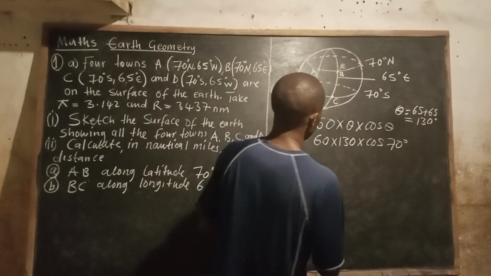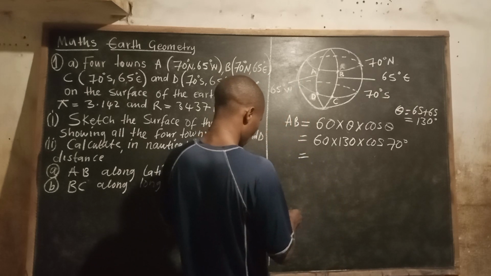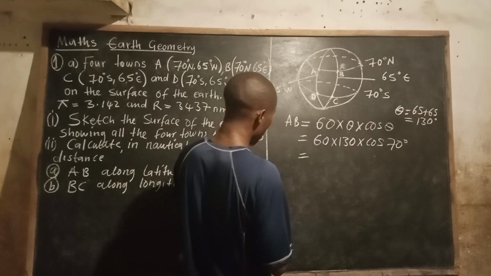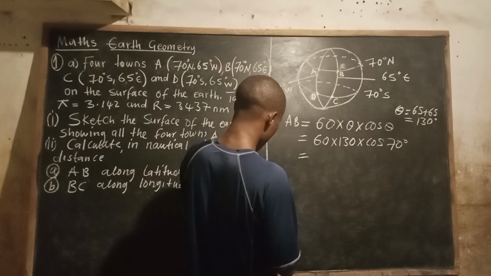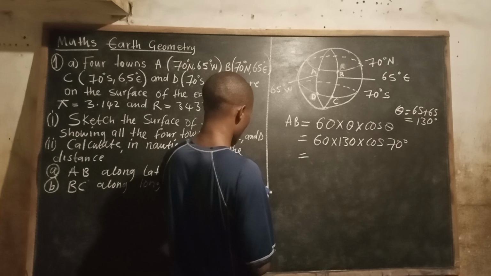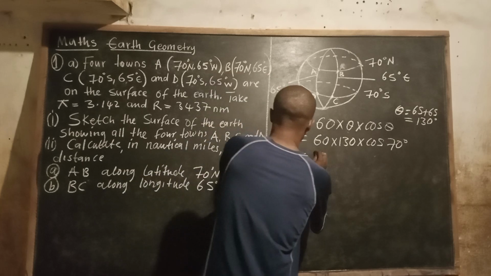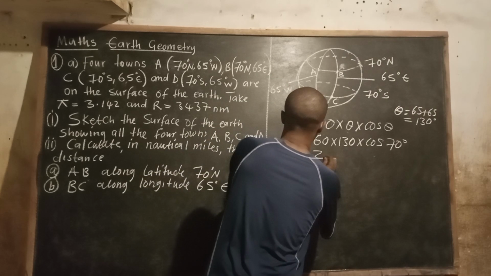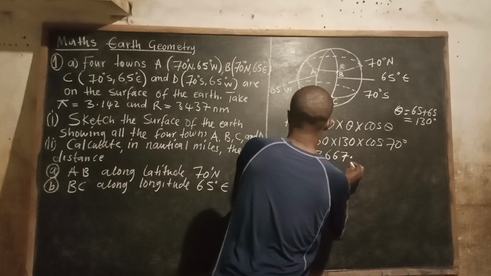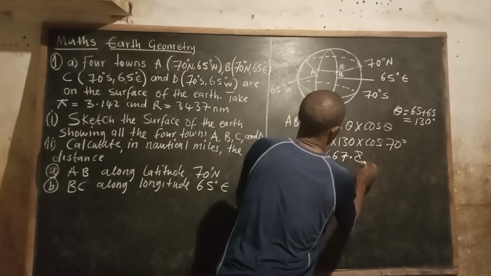From there now we can use a calculator, where we say 60 times 130 times cos 70. What is going to be our answer is 2667.8.